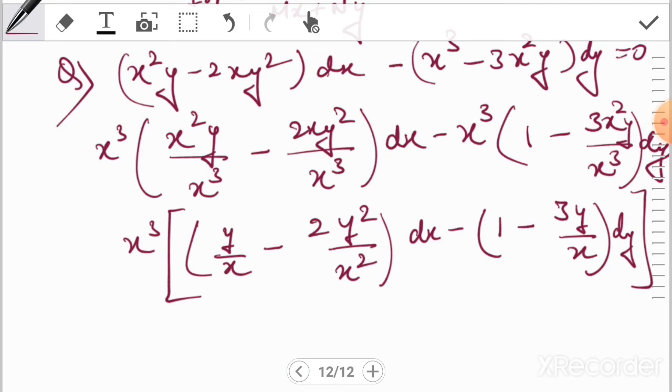Yes, now this is homogeneous because the function can be expressed in the form of x cube times a function of y by x. So this is a homogeneous function of degree 3 in x and y.